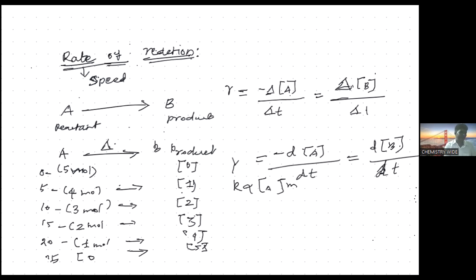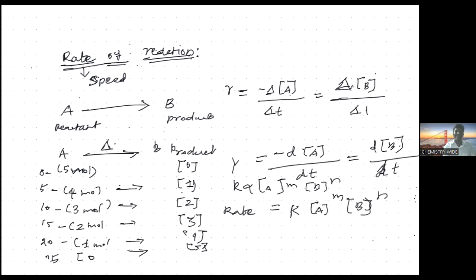Now we are going to remove the proportionality and introduce a new constant. So we can write rate equal to K, this is the constant or kappa, times A power m, B power n.